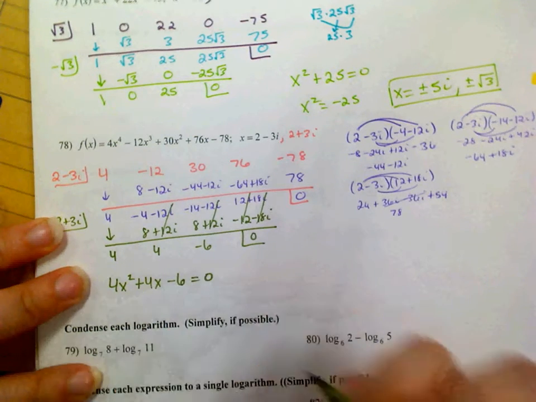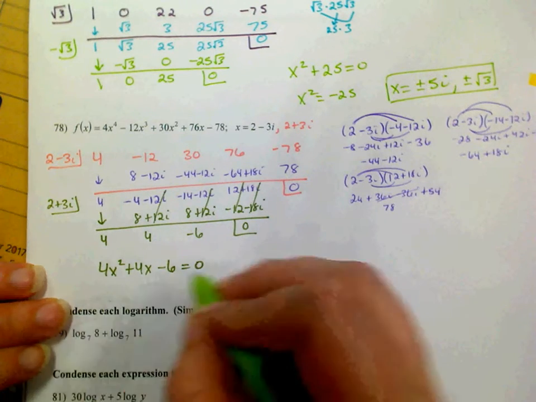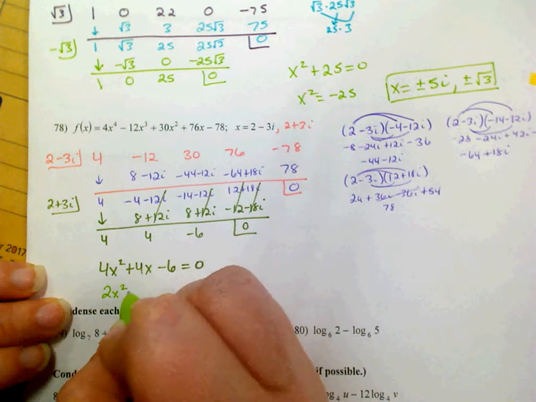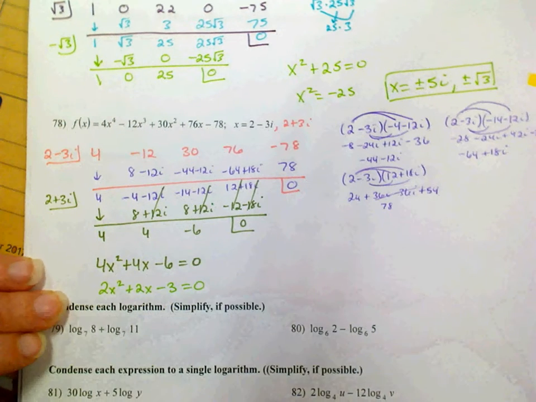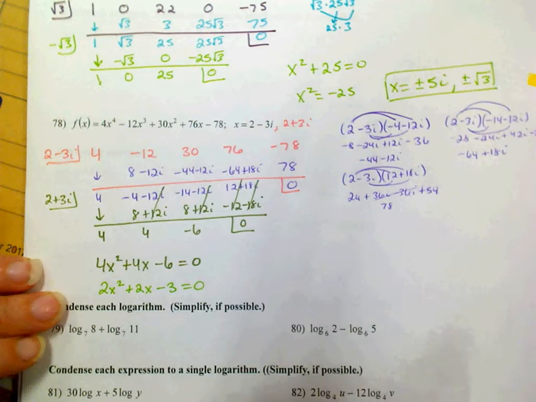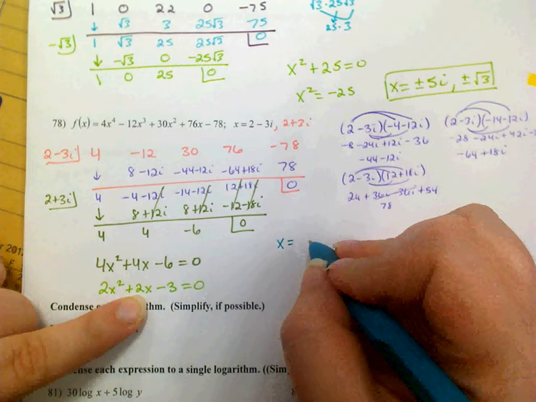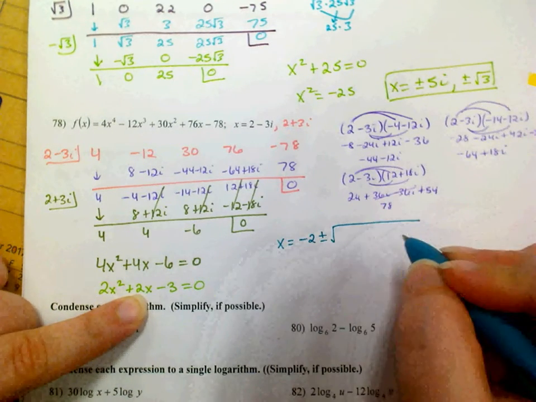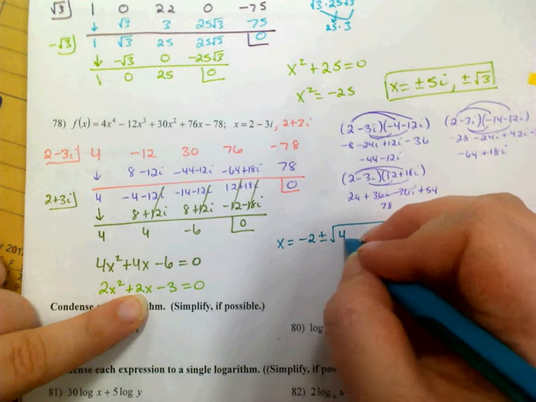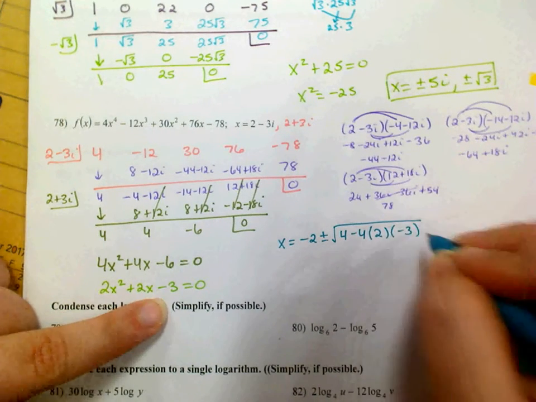Now, in order to make this easier on myself, I am going to divide everything by 2. So I'm dealing with 2x squared plus 2x minus 3 equals 0. And I'm going to go ahead and do the quadratic formula. X equals negative b, so negative 2, plus and minus the square root of b squared, which is 4, minus 4 times a, which is 2, times c, which is negative 3, all over 2 times a, which is 2.